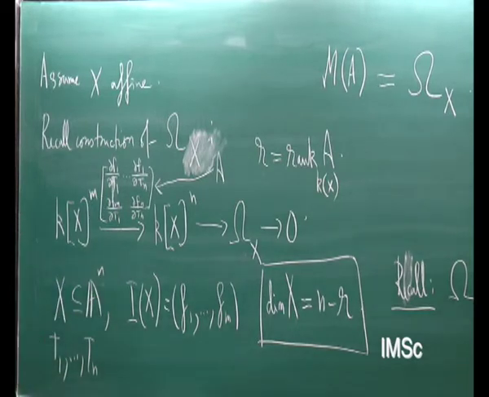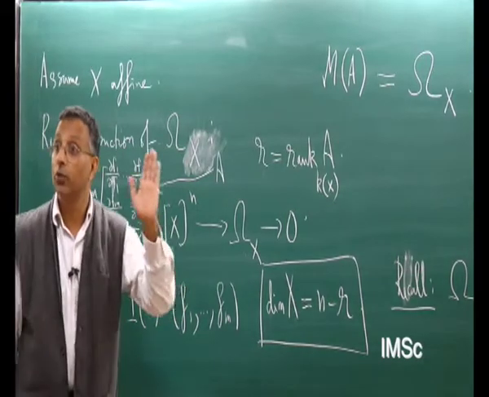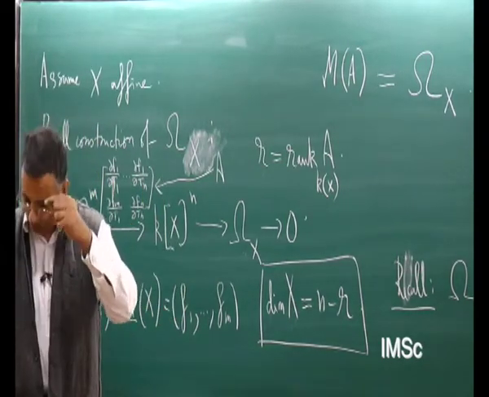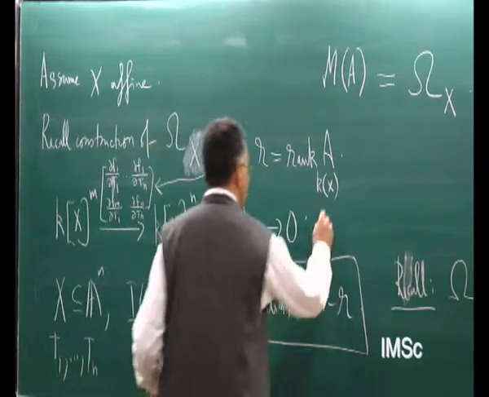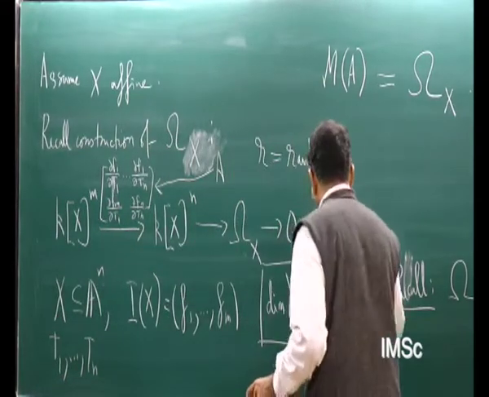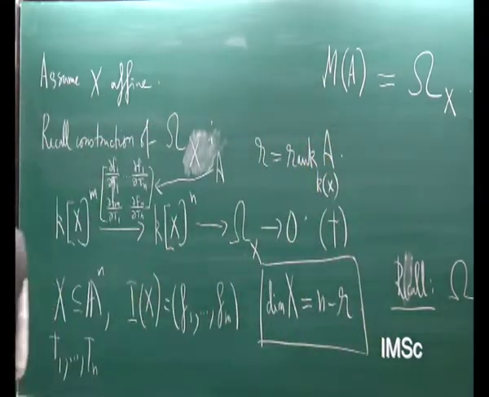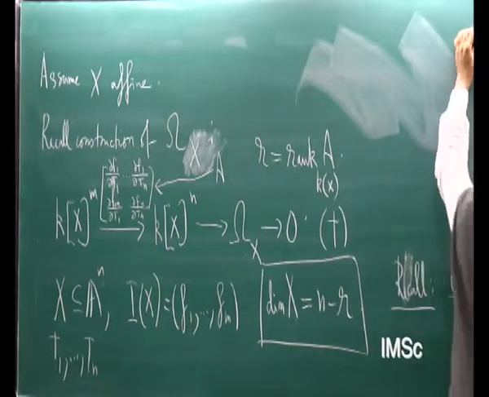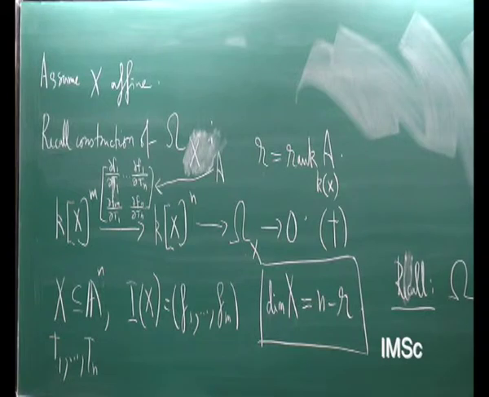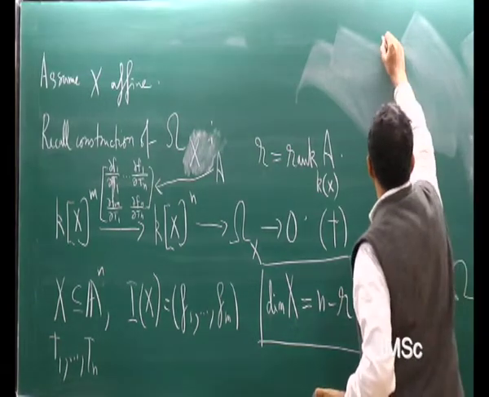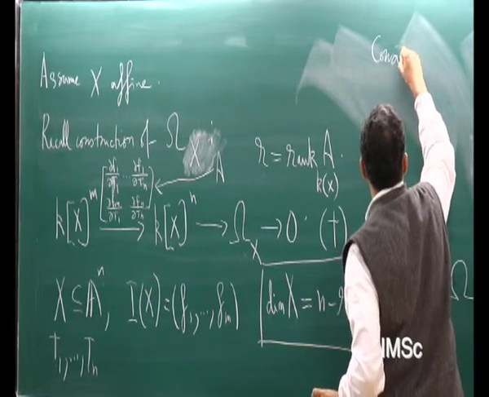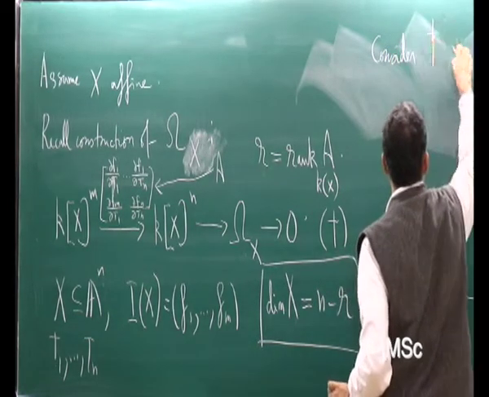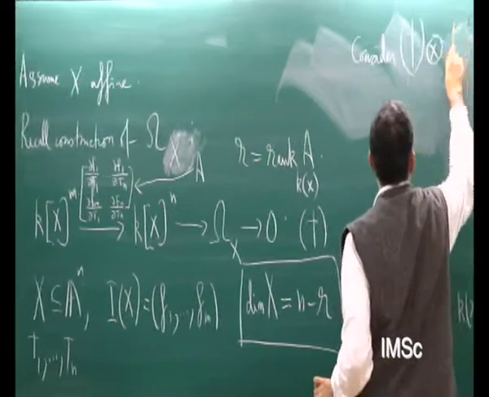So the rank after I pass to k small x. Let's give this a name. Let's call this some dagger or something. So what we want to observe is, consider dagger tensor kx.